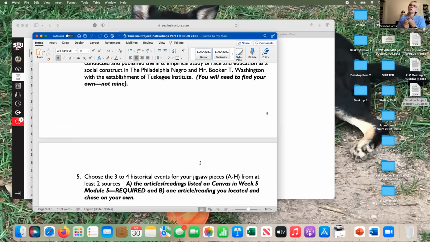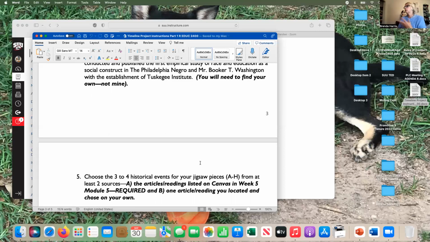Then Jane's going to do the same thing with her puzzle piece. She's going to find 3 to 4 major historical events for the group that she had. And Jill's going to do the same thing with hers. So each person in the puzzle is going to find 3 to 4 issues that were important to their group's education.